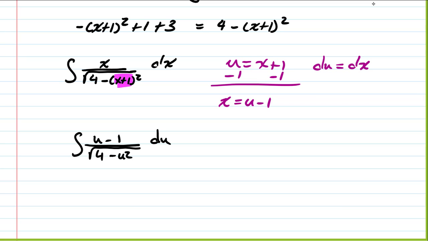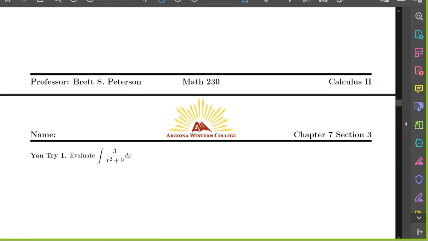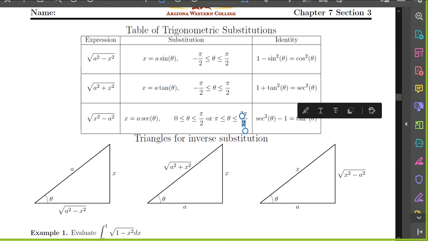We've substituted u's, but now this is of the form 4 minus u squared. So if we go and look at our substitution list, I have a constant minus something squared. So what row does that put me in? Row 1, right? So what's my new substitution going to be?